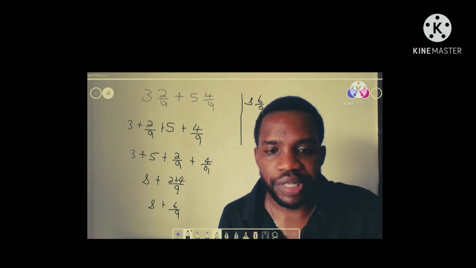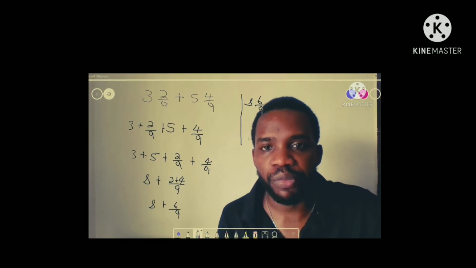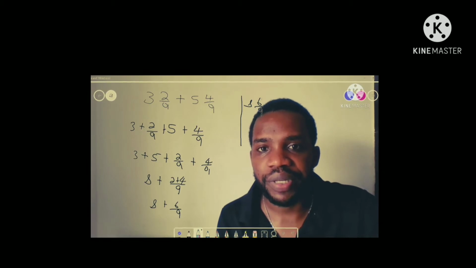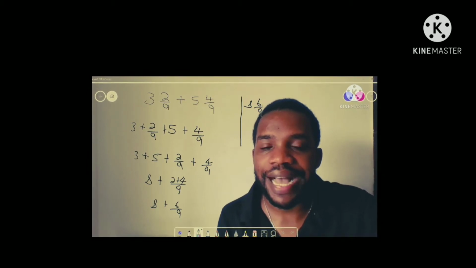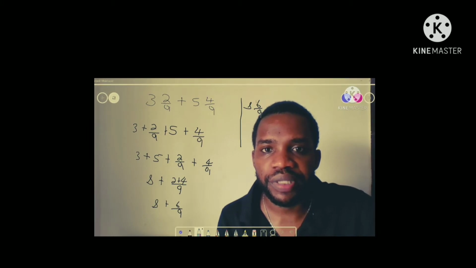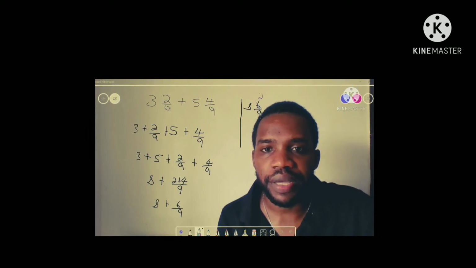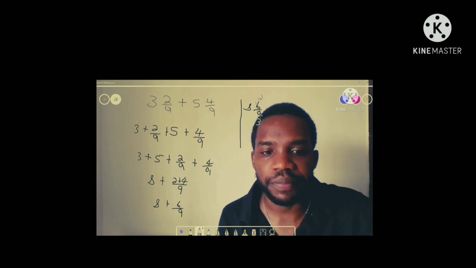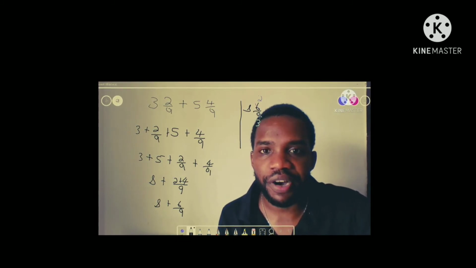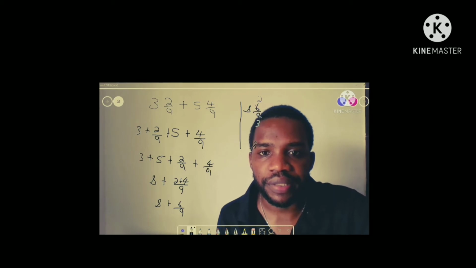Now, typically where fractions are concerned, once we can break down, we normally break it down, because 3 can go into 6 and 9, and that would be the highest common factor of 6 and 9. Now, 3 goes into 6 2 times, and 3 goes into 9 3 times. So technically, my answer in its simplest form is really 8 and 2/3.